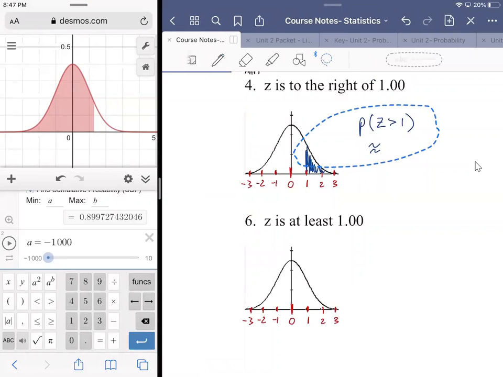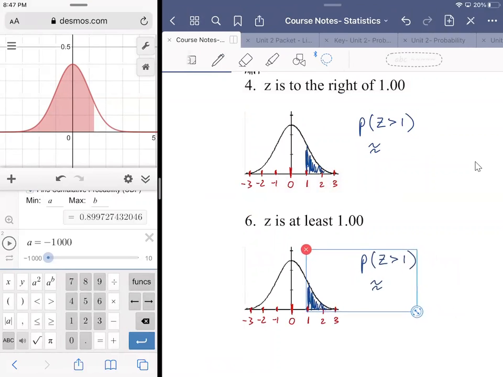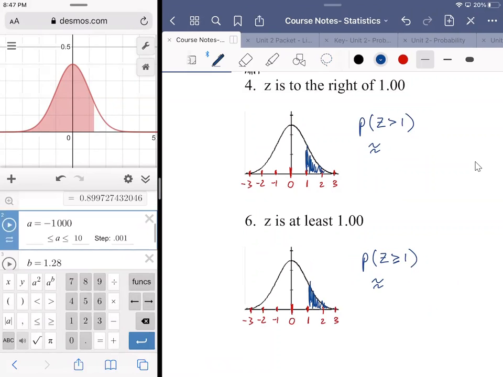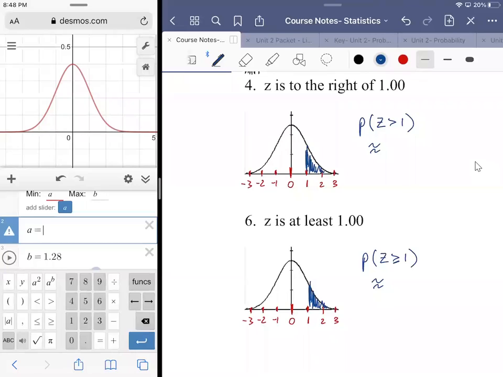Versus at least 1 follows the same idea, except the only thing that's changing is that little symbol, greater than or equal. But the answers are going to be identical. So when it comes to our sliders here, the A value is going to be 1. That's our low number.